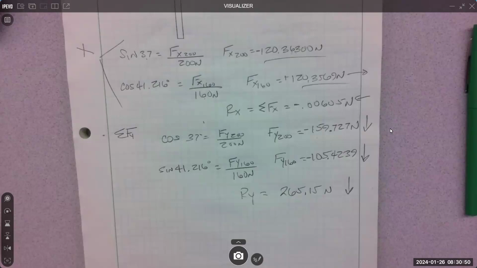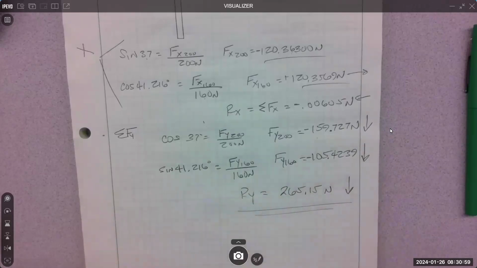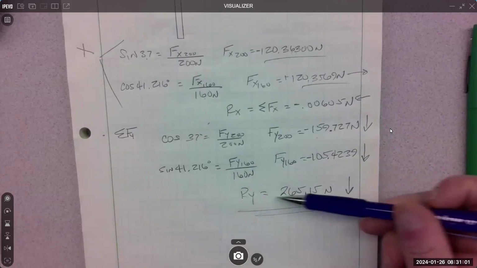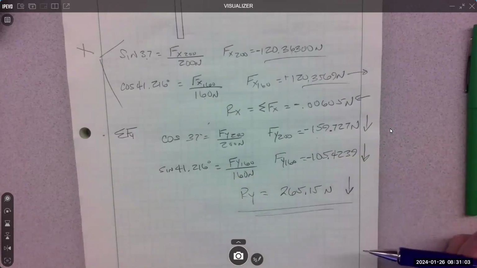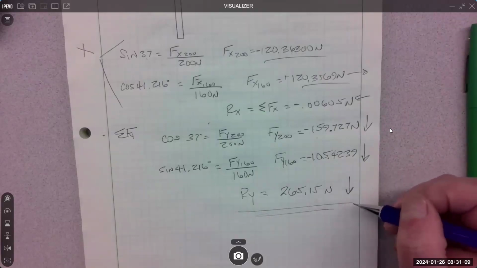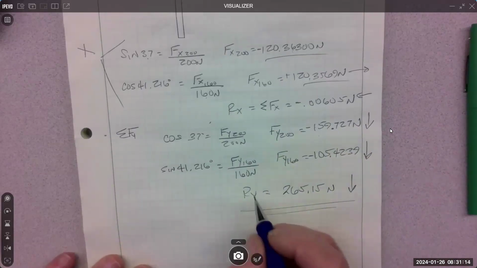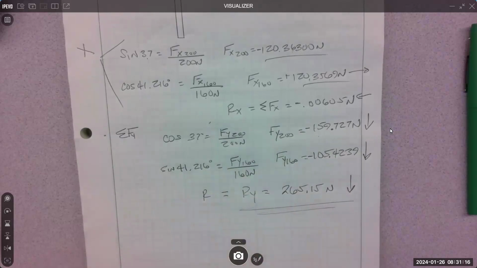If you calculated the angle, it'd come up as pretty much zero. This is real common. If it's vertically downward, you don't put an angle. You don't put an angle of 90 or something. You just point down and it's done. So R would be pretty much equal to Ry.